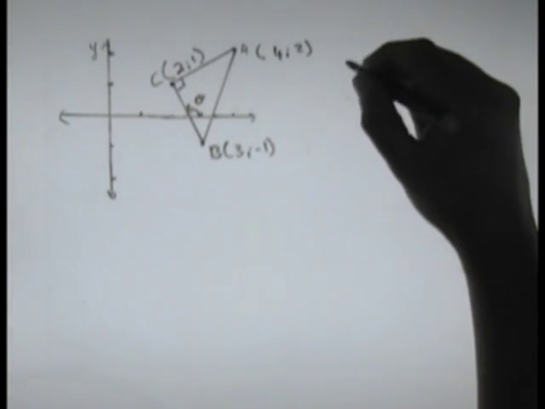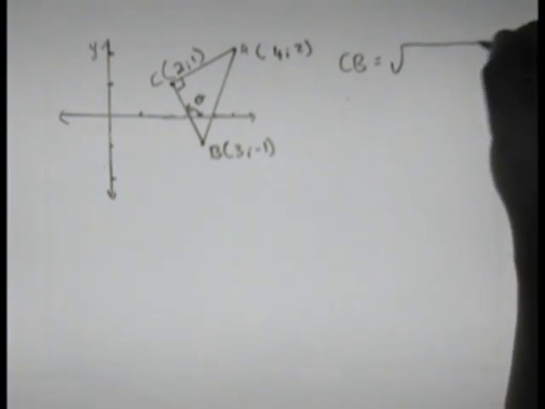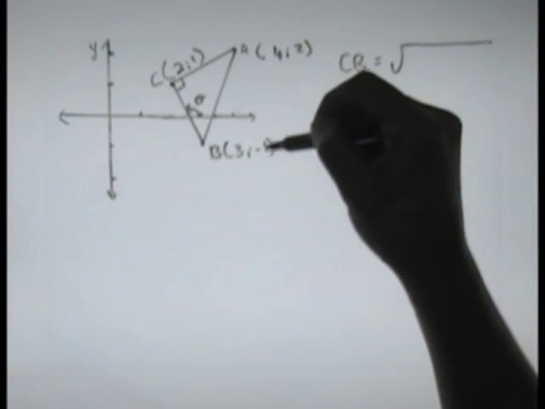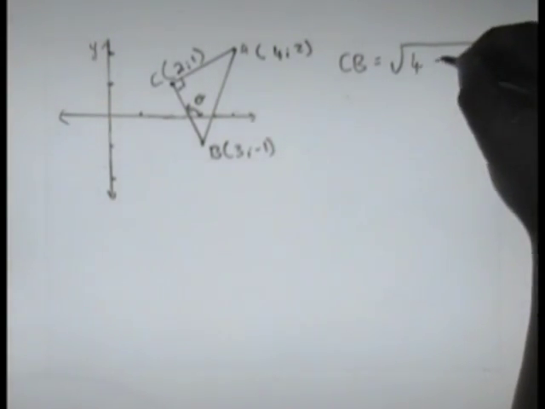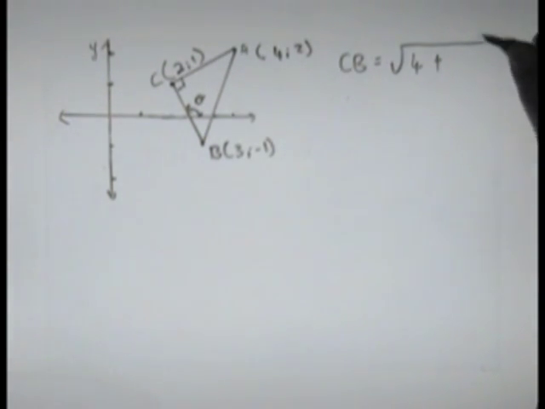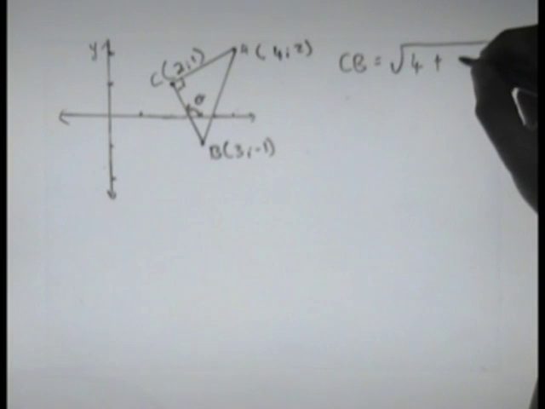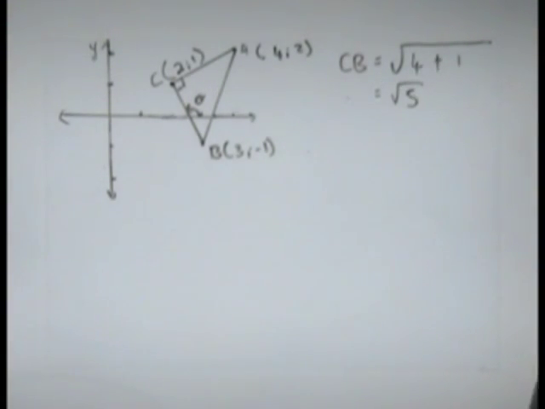The distance CB is going to be given by the square root of y2 minus y1, which is minus 1 minus 1, which is minus 2, squared, which is positive 4, plus x2 minus x1, which is 3 minus 1, squared, which is just 1. That means that the distance CB is given by square root 5.